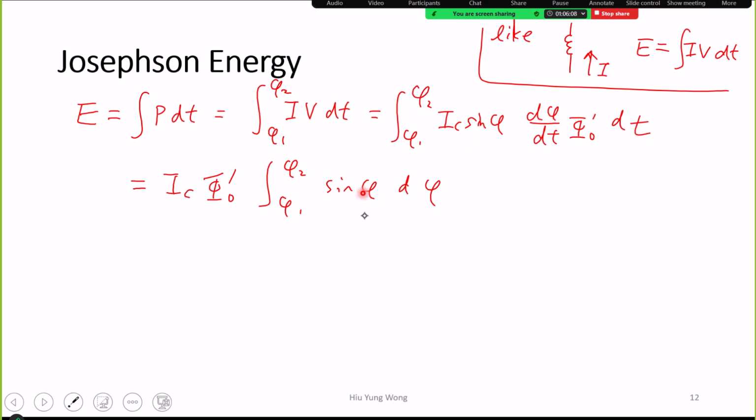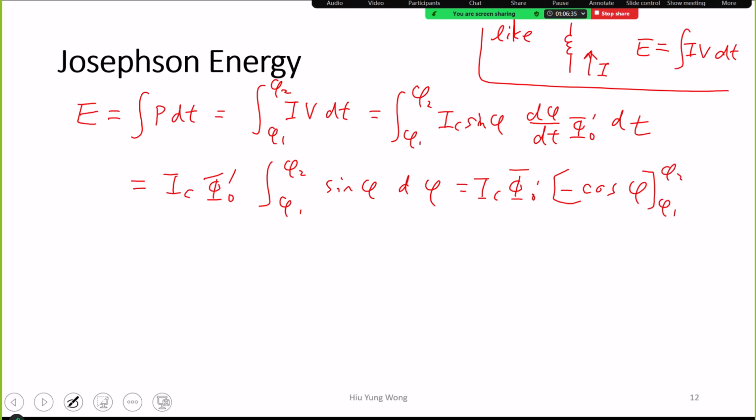So when you integrate sine phi, what do you get? Negative cosine phi, from phi 1 to phi 2.